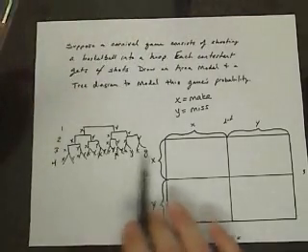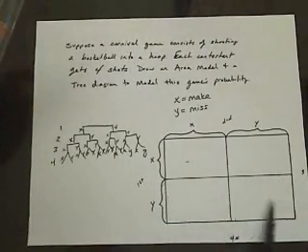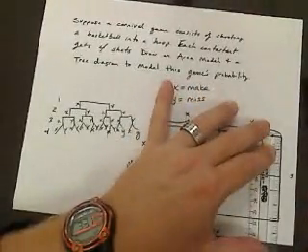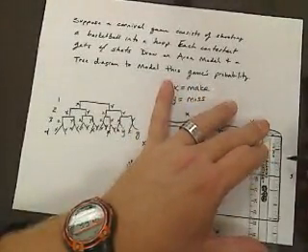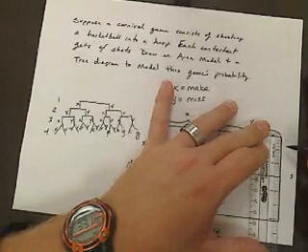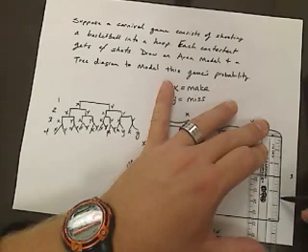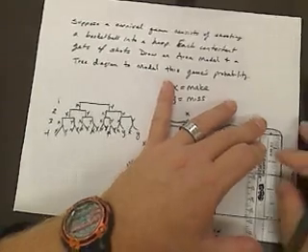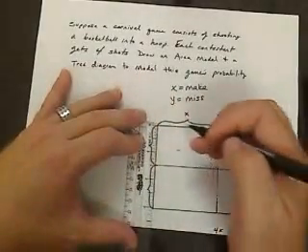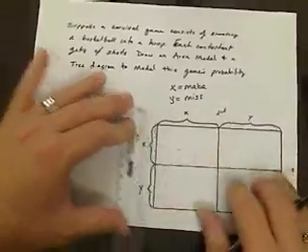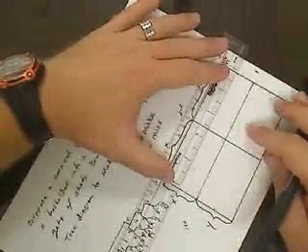Next, the third event, each of these rectangles should be broken into half. So I am going to divide each one of these in half. Again, I'm going to do my very best to make sure everything is equal.